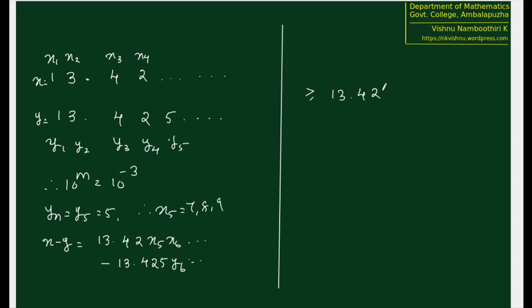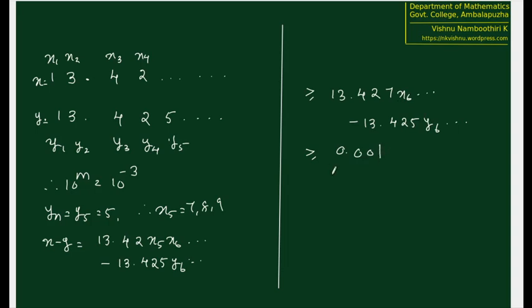At least 2 more than 5, which is 7, x6, etc. minus 13.425 y6, etc. Now the difference between these two is going to be 0.007 minus 5, which is going to be 2, but we don't have 7 and 2. We have actually, suppose that this is 7 1, suppose that this is 5 5, so we will be having 1 5, not 2.